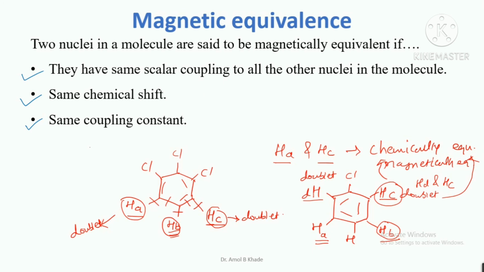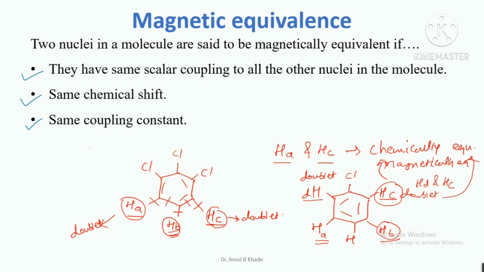They are chemically equivalent, but not magnetically equivalent because their coupling partners are different. For proton D the coupling partner is A, and for proton C the coupling partner is B. So proton D and proton C are in different magnetic environments. They may be in the same chemical environment, but not the same magnetic environment.